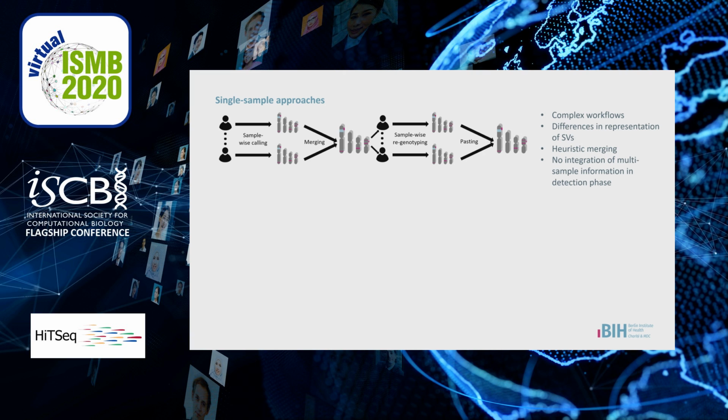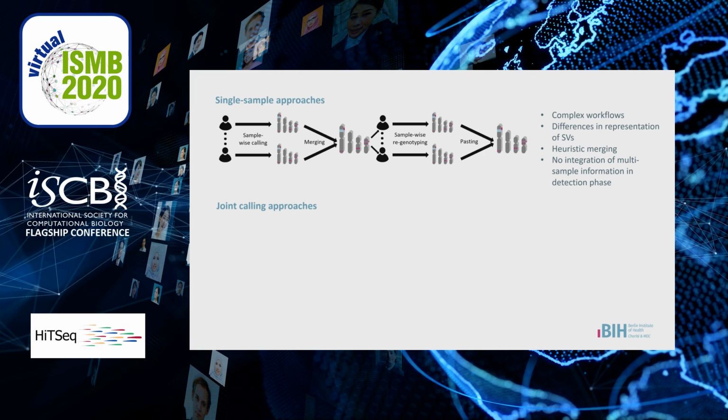As you can see, this type of approach requires complex workflows, and there are often differences in the representation of the SVs. The caller might disagree on the exact position or size of the variants, requiring the merging to be heuristic. Further, there is no utilization of data from multiple samples, which would facilitate the detection of shared variants.